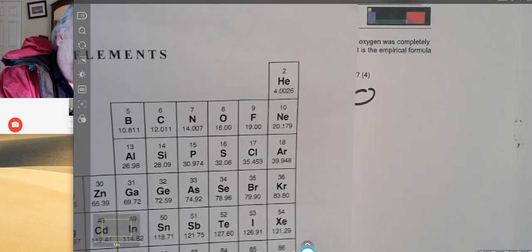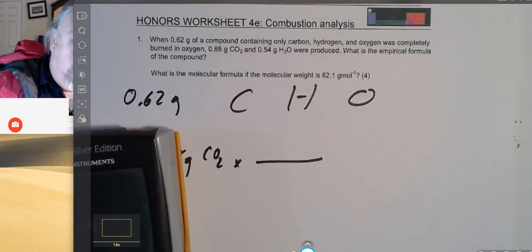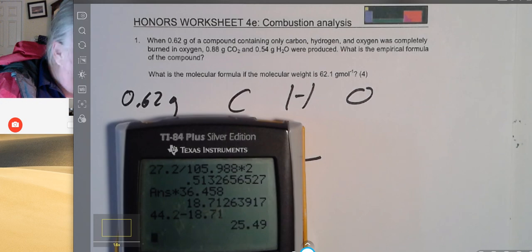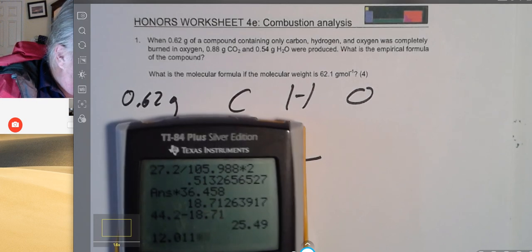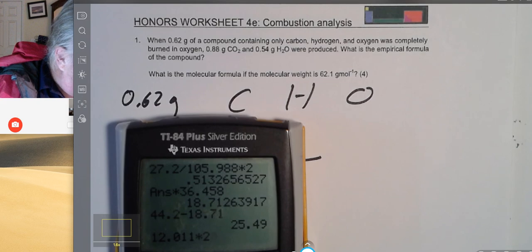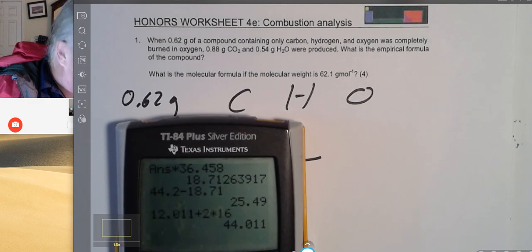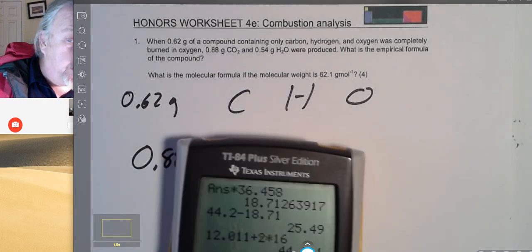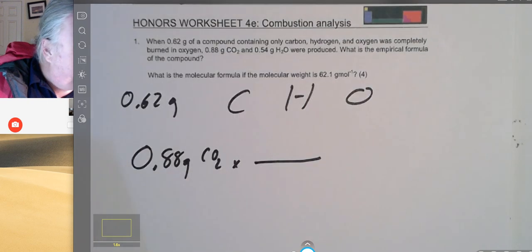Look on a periodic table, it's 12.011, one of those, plus 2 times 16, and we should get 44.011, and we do, 44.011.